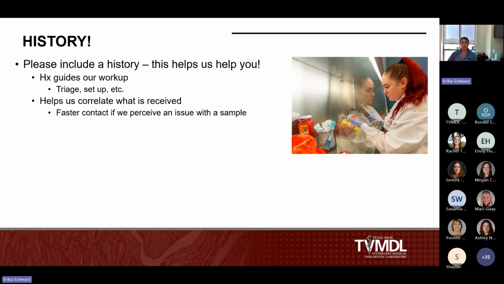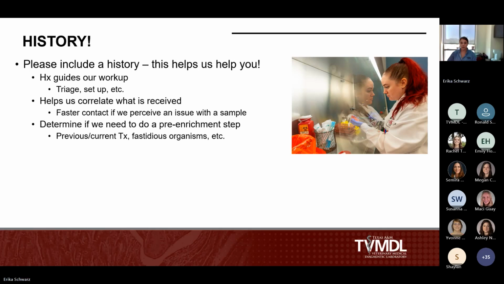So if your submission paperwork states one thing and has a history of something, but your sample doesn't really match with that, we're going to have a lot easier time thinking, okay, this might not be correct, and we're going to contact you faster if we perceive an issue with the sample. It helps us to determine if we need to do a pre-enrichment step.